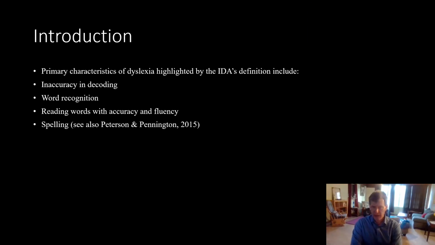So again, the primary characteristics of dyslexia are inaccuracy in decoding and difficulty with word recognition. Reading words with accuracy and fluency can be a struggle, and spelling can be a struggle.